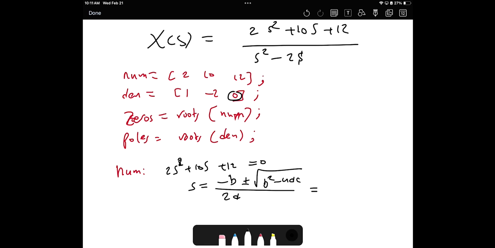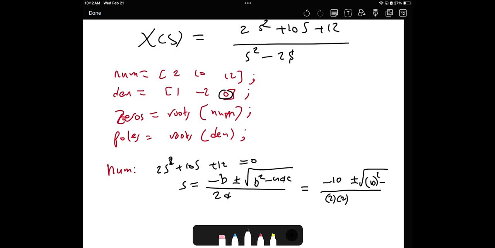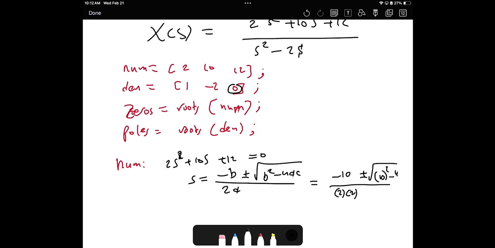Here b is 10, so negative 10, divided by 2a, where a is 2, so 2 times 2, 4. Plus minus the square root of 10 squared minus 4 times a, which is 2, times c, which is 12.